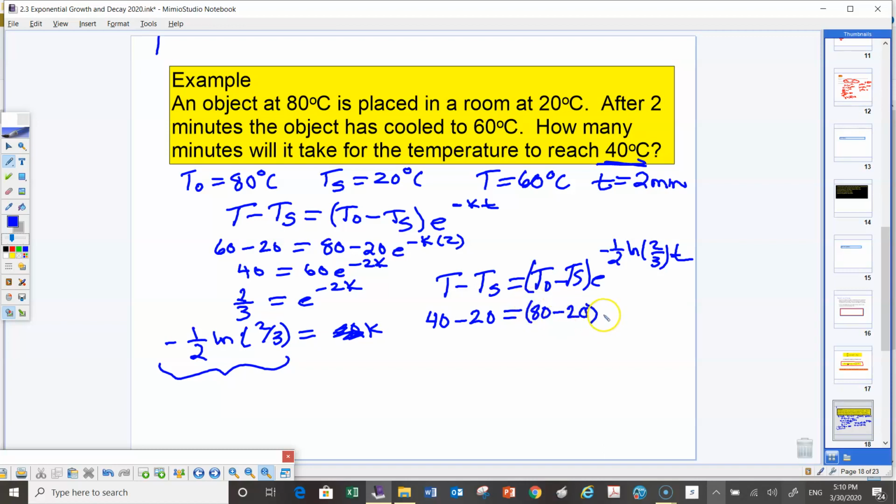And this is going to be e to the, let's just figure out that negative 1/2 ln 2/3 right away. So should be actually a negative of all of that. So negative 0.5 times ln 2 divided by 3. So this ends up being negative 0.2027 t.